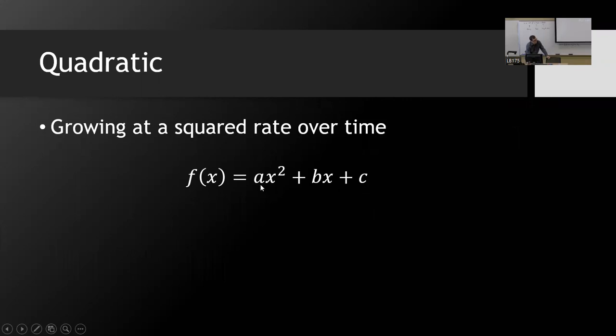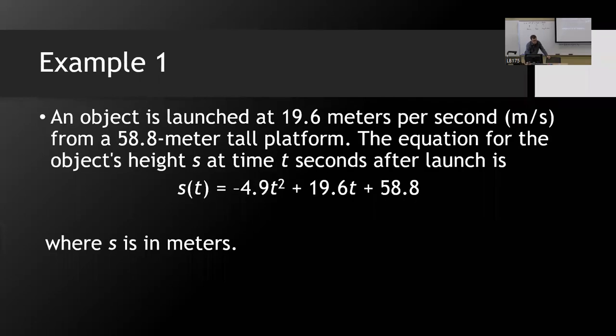So your A comes from your gravity coefficient, your B comes from the initial speed, and the C comes from the initial height of the object being tossed. That's generally how that's going to work. Does that work?